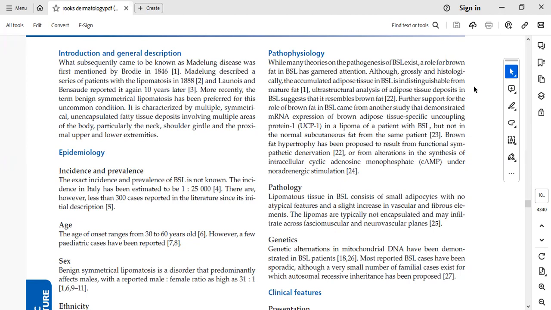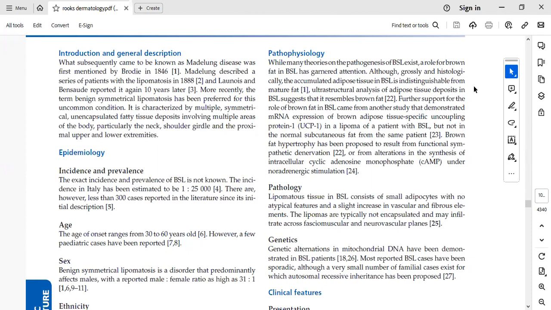Further support for the role of brown fat in BSL came from another study that demonstrated messenger RNA expression of brown adipose tissue specific uncoupling protein 1 in a lipoma of a patient with BSL, but not in the normal subcutaneous fat from the same patient.